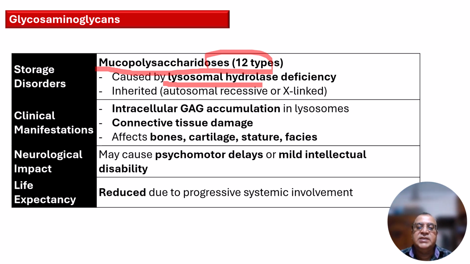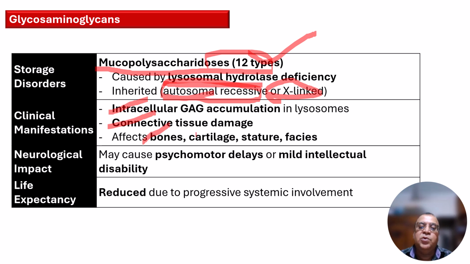These diseases are inherited mostly as autosomal recessive disorders or sometimes as X-linked disease. Clinically, there will be accumulation of glycosaminoglycan within the lysosome that can be seen in biopsy, and there will be connective tissue damage.